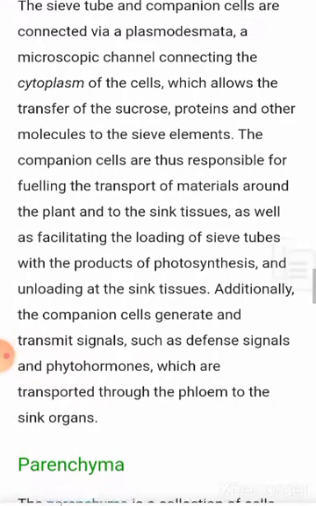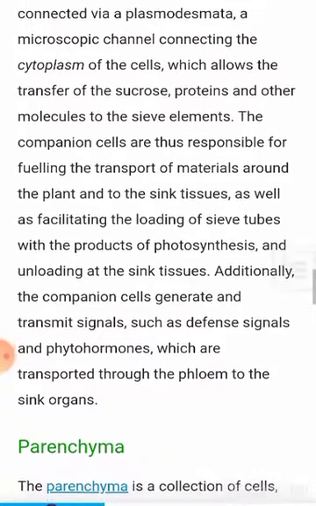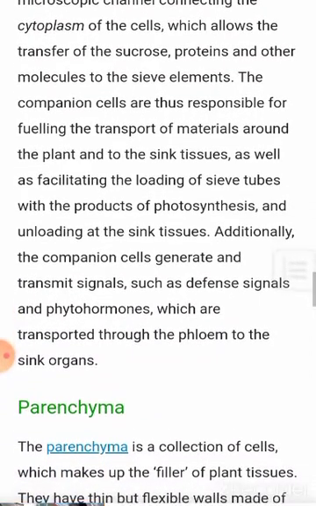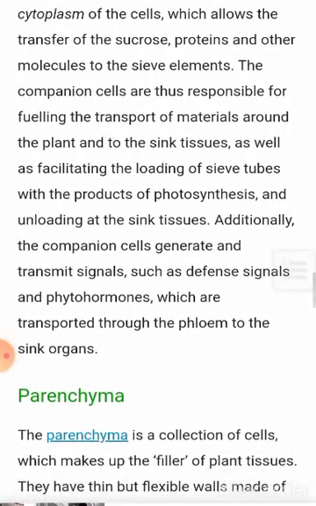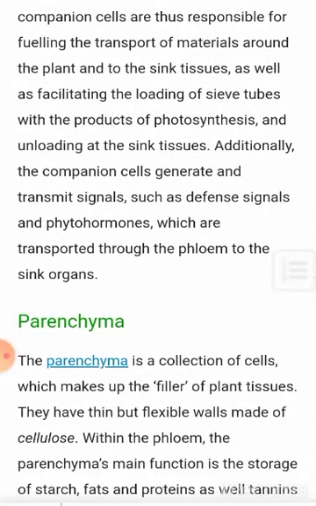The companion cells are thus responsible for fueling the transport of materials around the plant and to the sink tissues, as well as facilitating the loading of sieve tubes with the product of photosynthesis and unloading at the sink tissues.